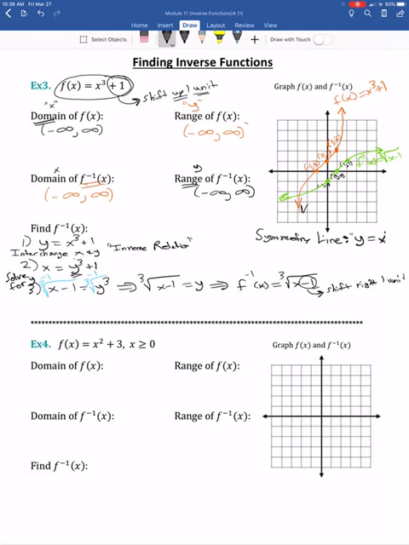Y equal x is a line with a slope of 1 and a y-intercept at the origin. It passes through 1, 1, and negative 1, negative 1. It's your identity equation. So as you graph in that line, I'll go ahead and graph it in. Here's your symmetry line. You see these two graphs that we graphed are symmetrical to that line. So again, that's a quick check.